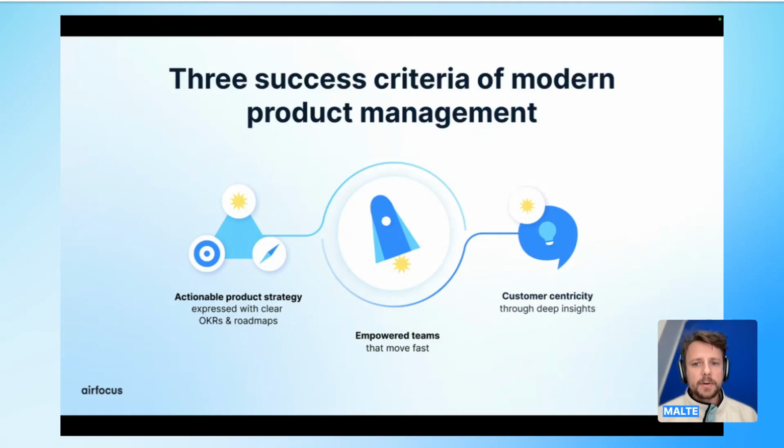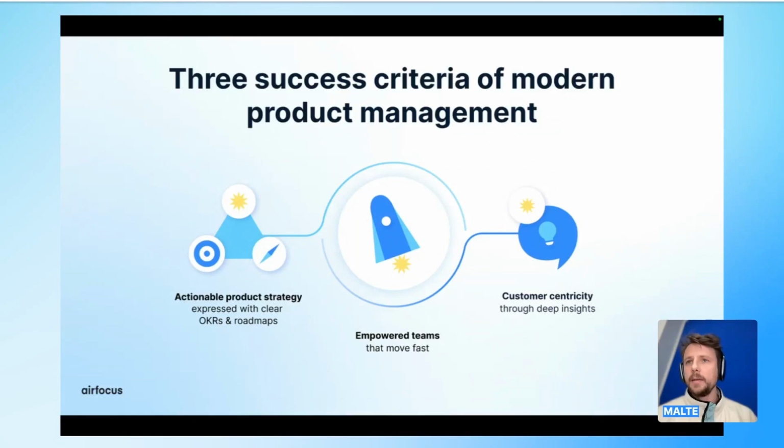There are amazing books on product management that we've all consumed and that we've taken to build this very basic 3 success criteria framework, which is: good or modern product management is when you have an actionable product strategy, which is usually expressed with clear OKRs and clear roadmaps.